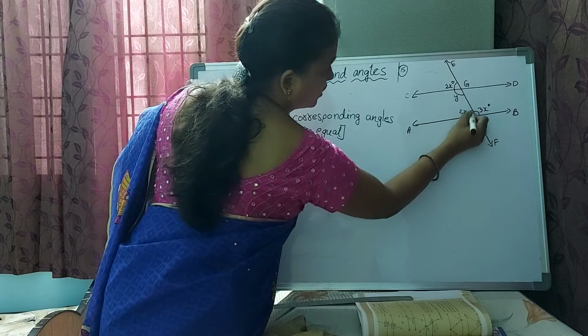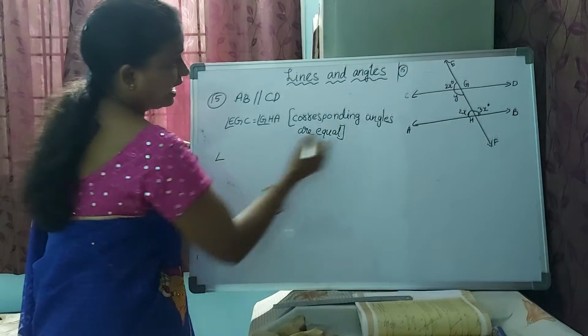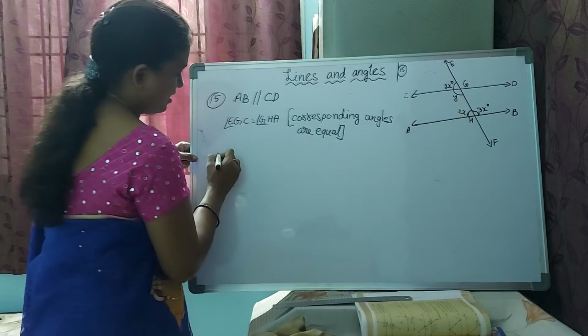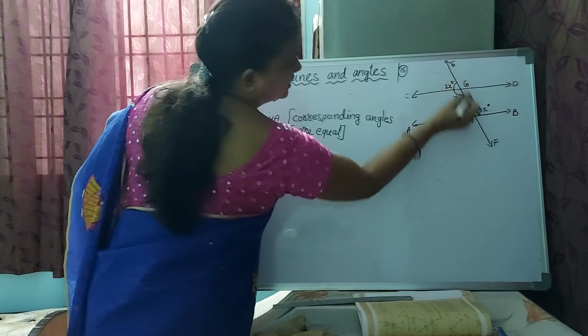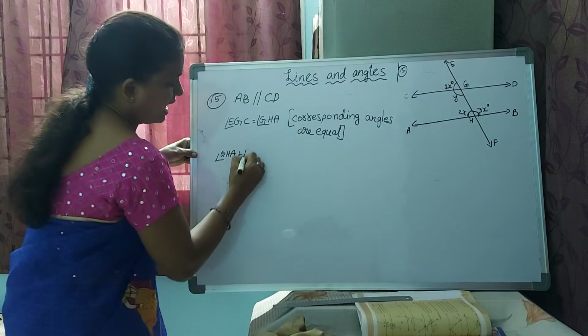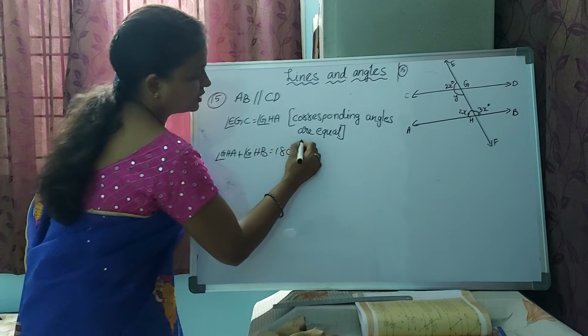See, this is a linear pair. Angle GHA plus angle GHB is equal to 180, because it is a linear pair.